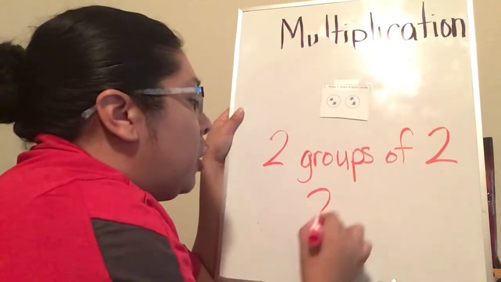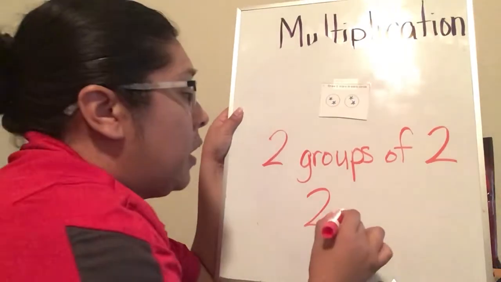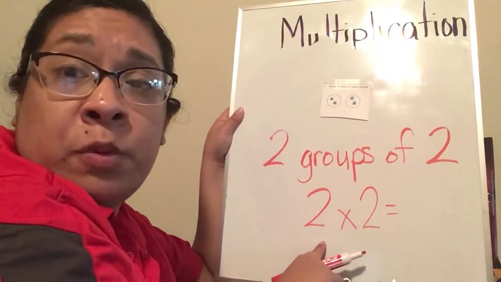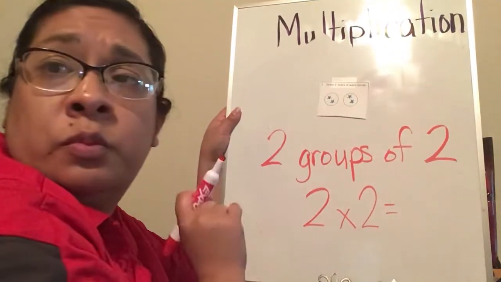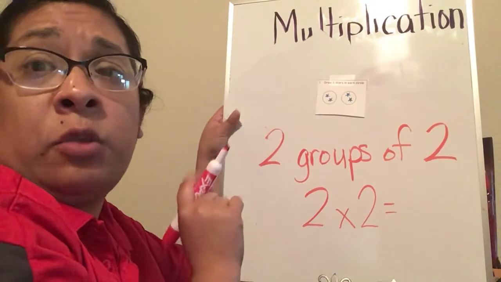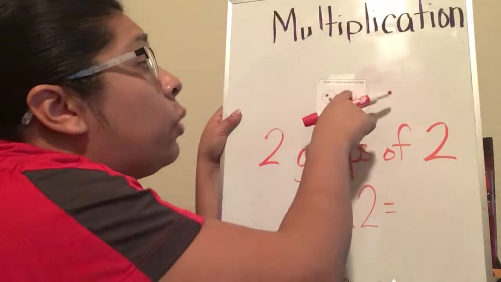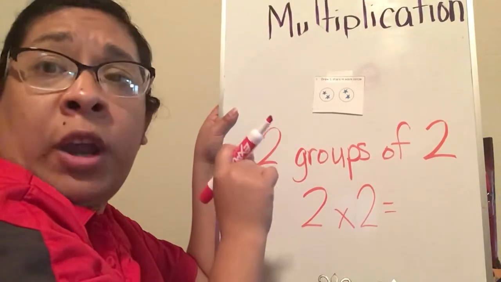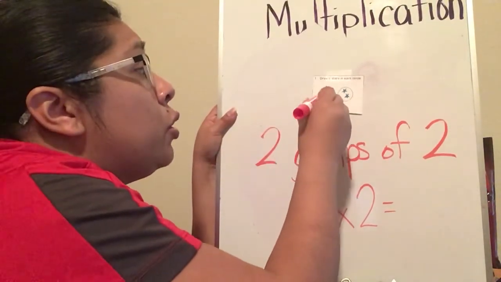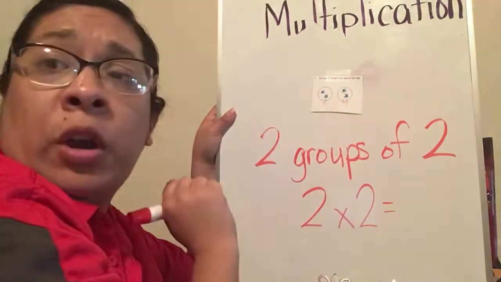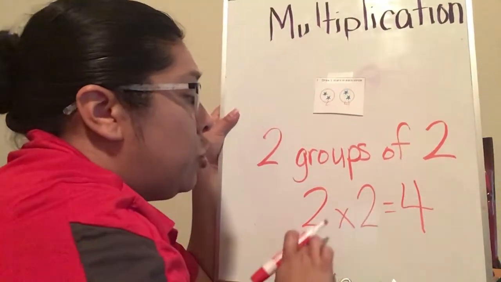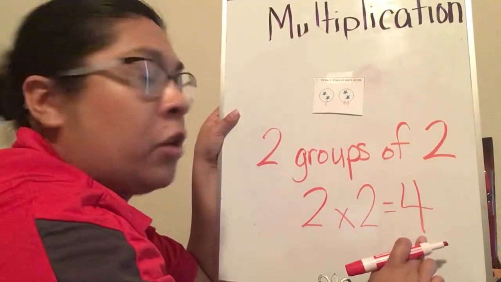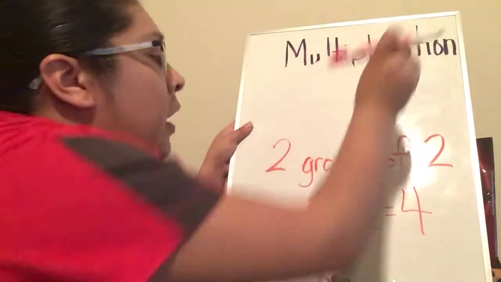It would be 2 groups of 2, or like most people say, 2 times 2. Well, you would skip count, right? You would skip count by 2s because that's what's in there. What do you think? That's right. It would be 4 because you would do 2, 4. So 2 groups of 2, 2 times 2 equals 4. Good job. Here's another one.